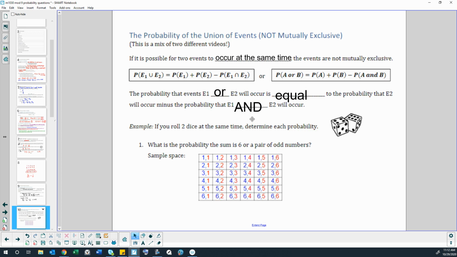Okay, so the part that we are missing here is including just the probability of E1.